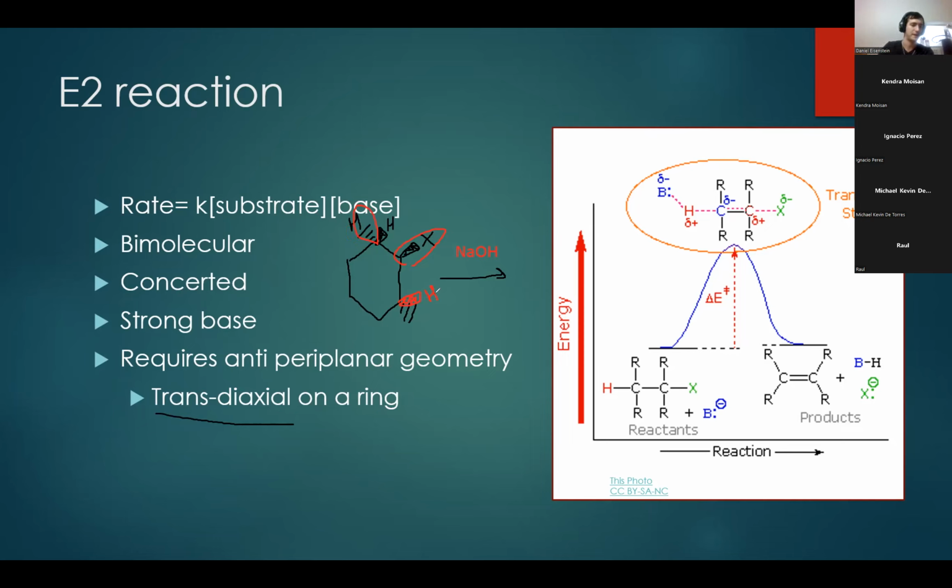They have to be trans-diaxial. Okay. So the product is over here. And it will look like this. Okay.